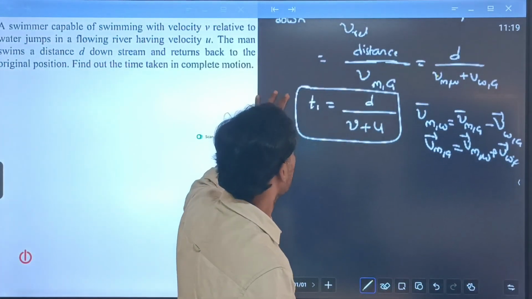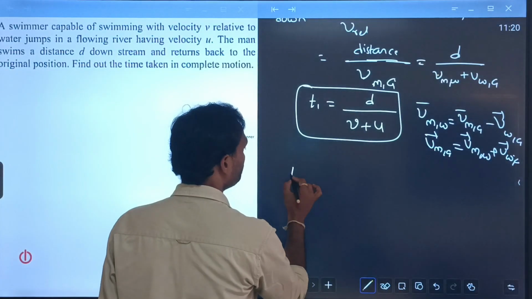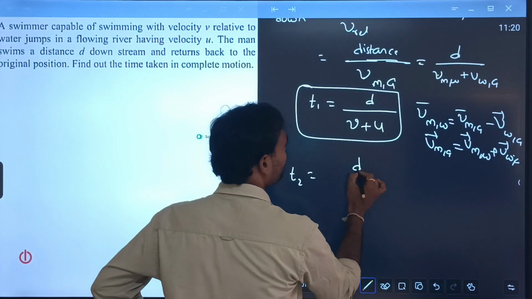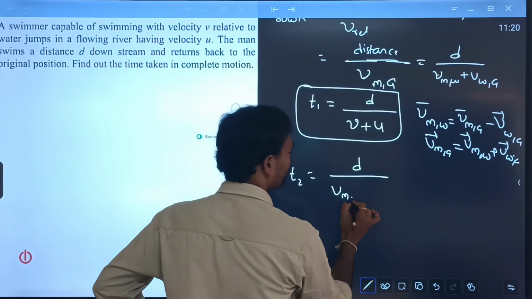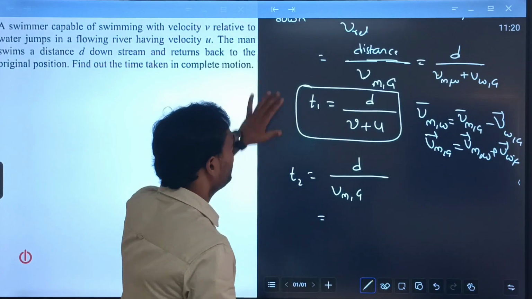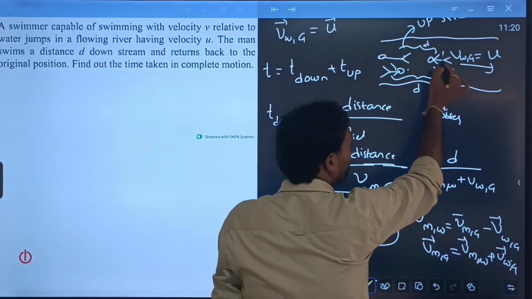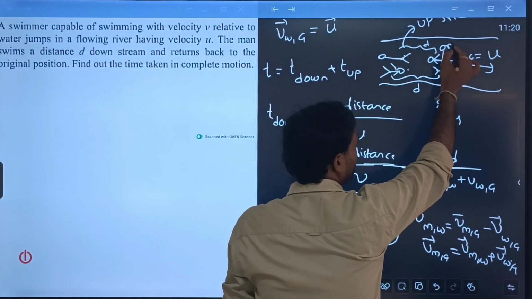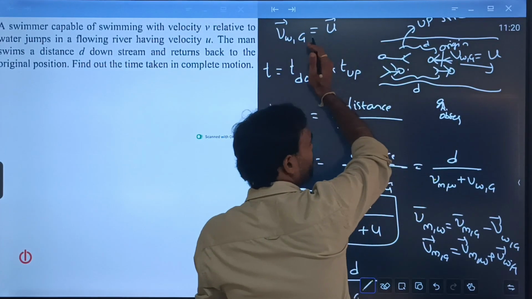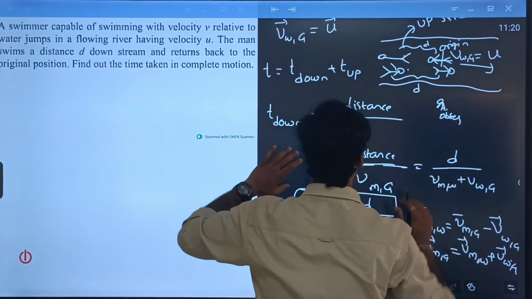Right? Next, t2 is equal to again distance by velocity of man with respect to ground, and it is in the upstream journey. That means we have to consider this as origin. From origin, leftward direction as positive, rightward direction as negative.